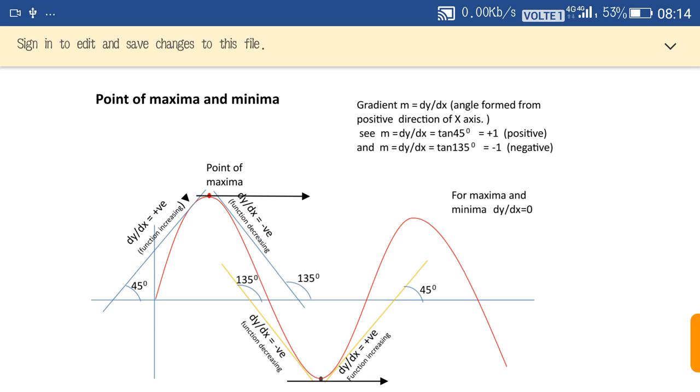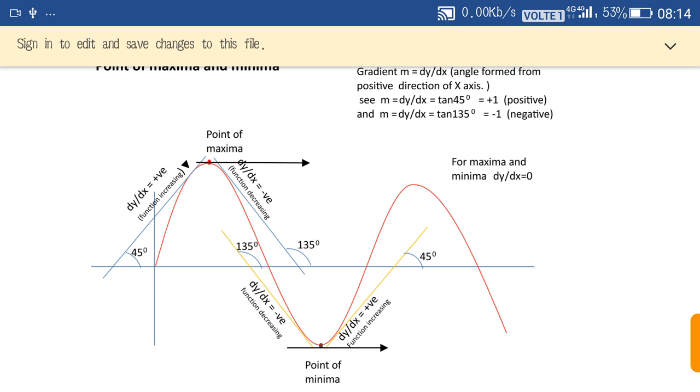After the point of maxima, a tangent is drawn which makes an angle of 135 degrees in the positive direction of the x-axis. That means the slope will be tan 135, which is -1. That means dy upon dx is negative in this case.